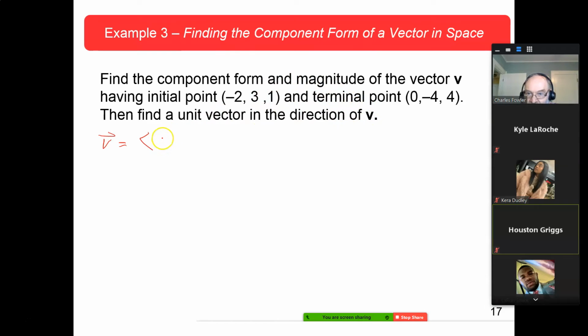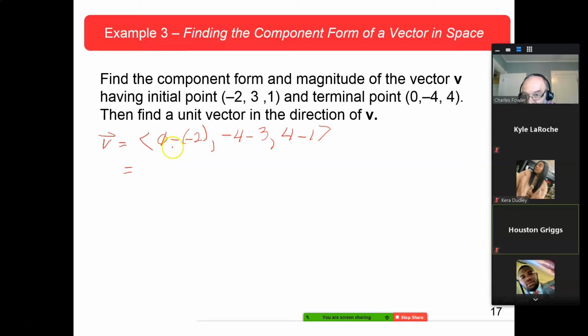So the first one I'll write out in gory detail, 0 minus a -2, comma, -4 minus a 3, comma, 4 minus 1. That's it. That's all you have to do.